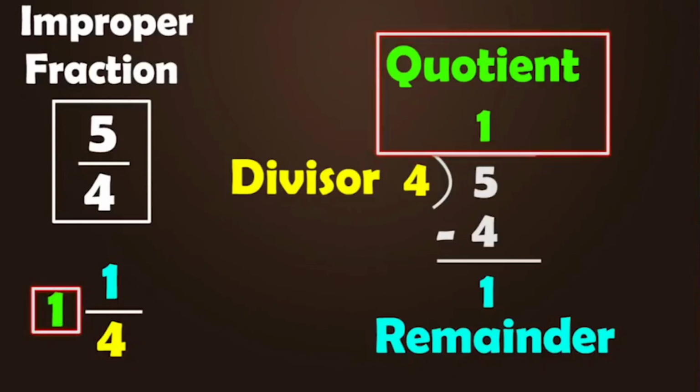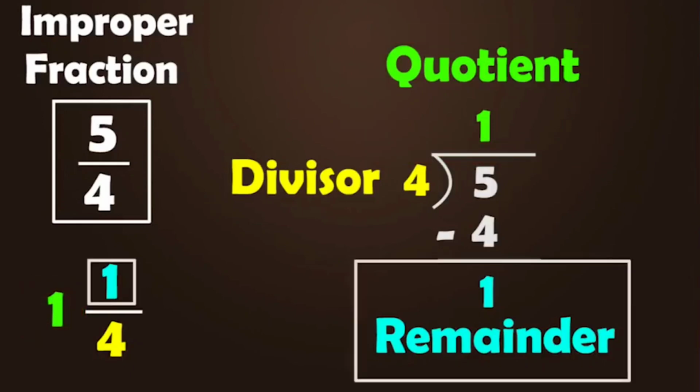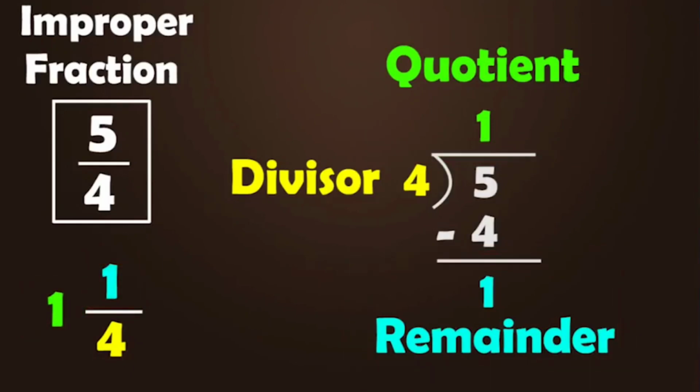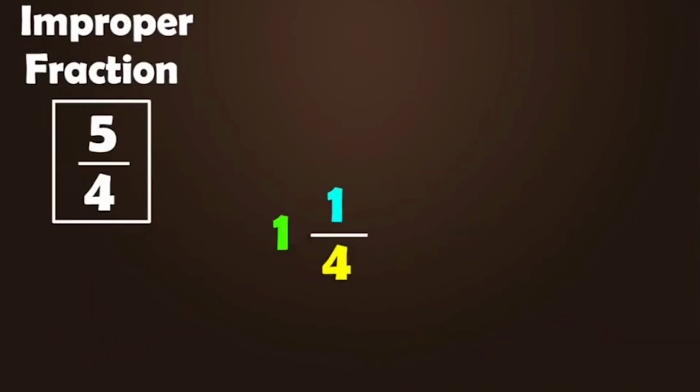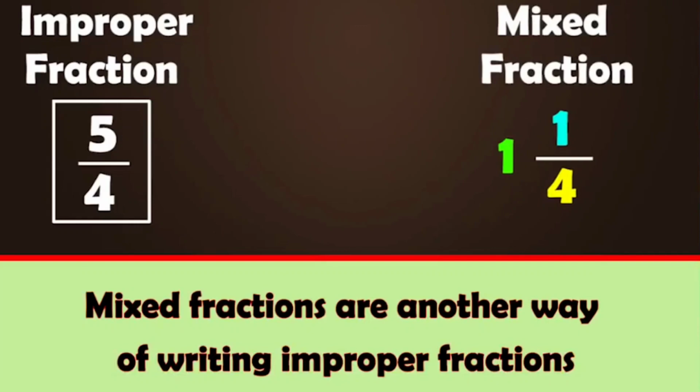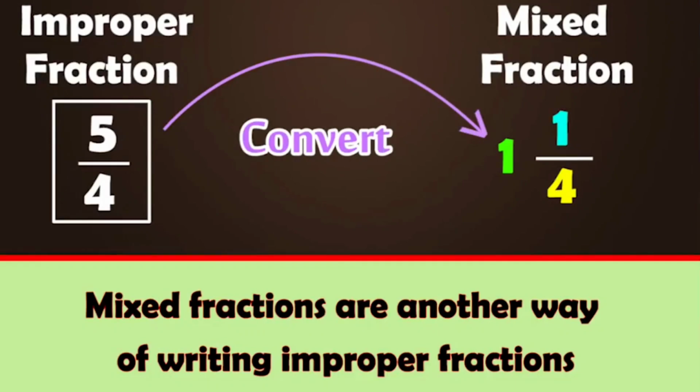Because 1 is the quotient, 1 is also the remainder, and 4 is the divisor. Mixed fractions are nothing but another way of writing improper fractions. In this process, we have also learned how to convert an improper fraction into a mixed fraction.